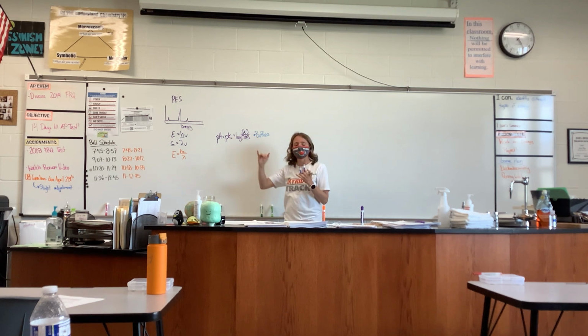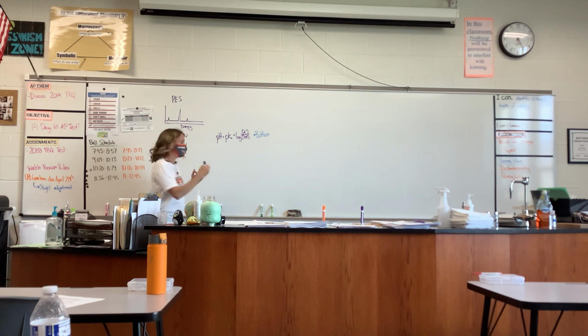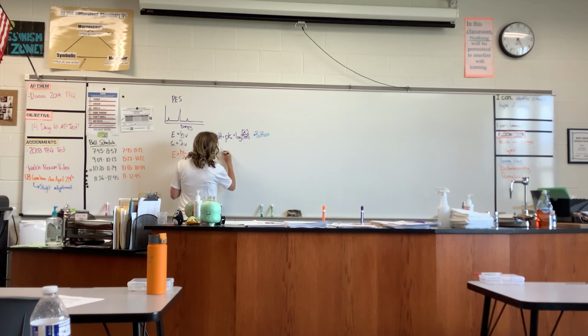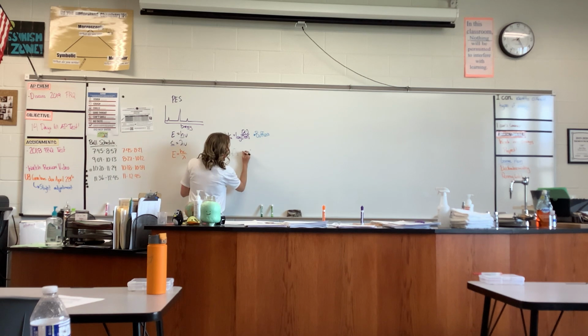And the A minus corresponds to the conjugate base that gets made. For example, in the buffer lab we made a buffer with acetic acid, HC2H3O2, and then we added some sodium acetate to it. And so here's your buffer system.